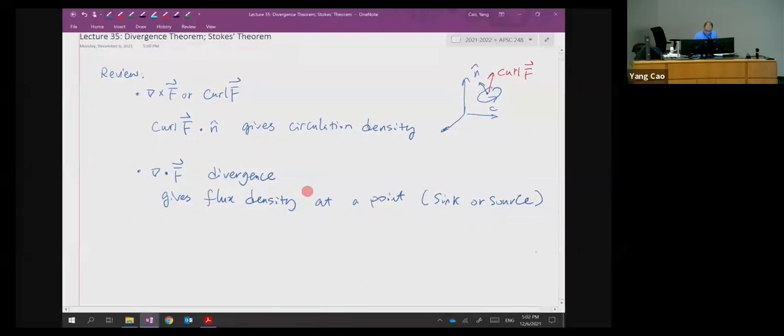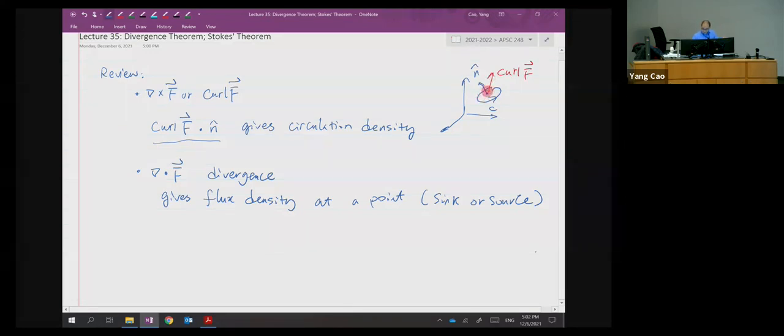Curl, just a quick review here. Curl is mathematically written as del cross F, or you write it as curl F. We use curl dot n hat. For example, you have a vector field and you pick a point in this vector field, and then you choose a direction within that vector field, n hat representing that direction.